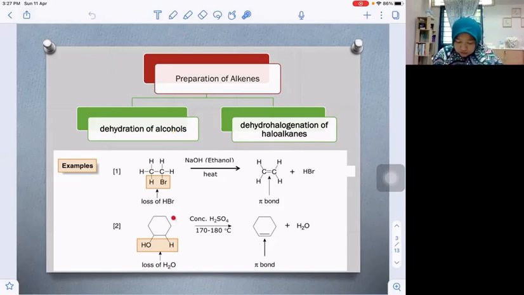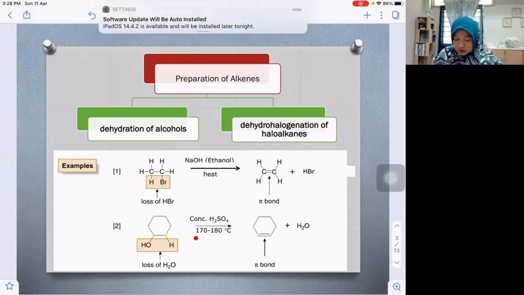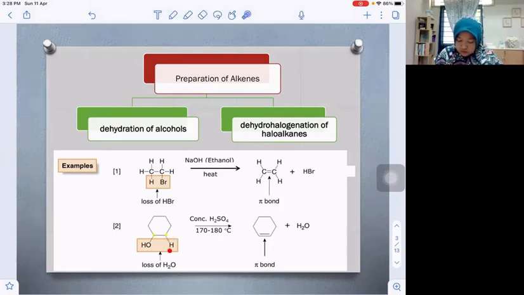So when we have this alcohol, for example, this is cyclohexanol. We have a carbon at each point here, and two adjacent carbon atoms are having hydrogen and also OH attached to them. So when these compounds are reacted with concentrated H2SO4, with the temperature of 170 to 180 degrees C, the hydroxyl group and the hydrogen from the adjacent carbon will be lost.